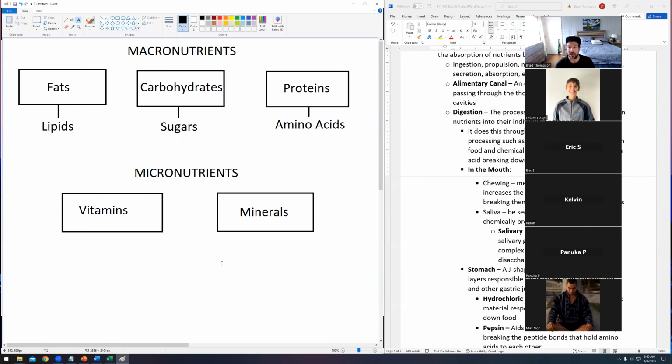Those are actually small enough as they are to pass into your bloodstream. This is actually one of the reasons why lotions and things like that are a good way to absorb certain vitamins. Doctors will sometimes give a topical cream for somebody who is vitamin deficient.